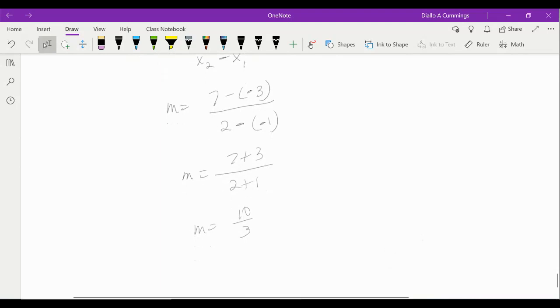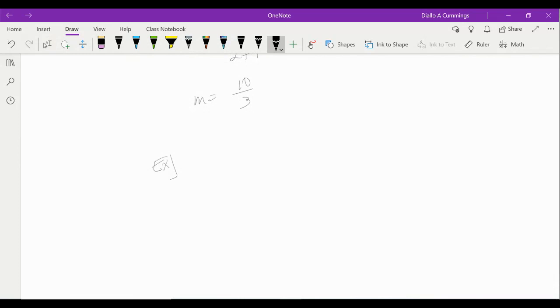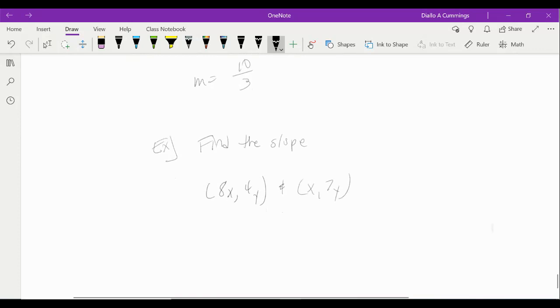And we'll take a look at one final example. We're asked to find the slope through 8x, 4y, and x, 7y.